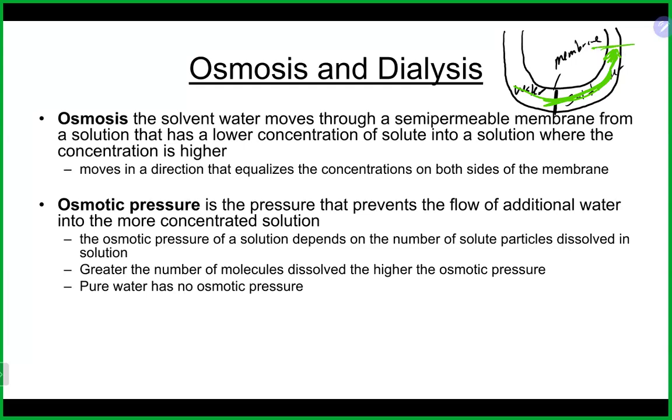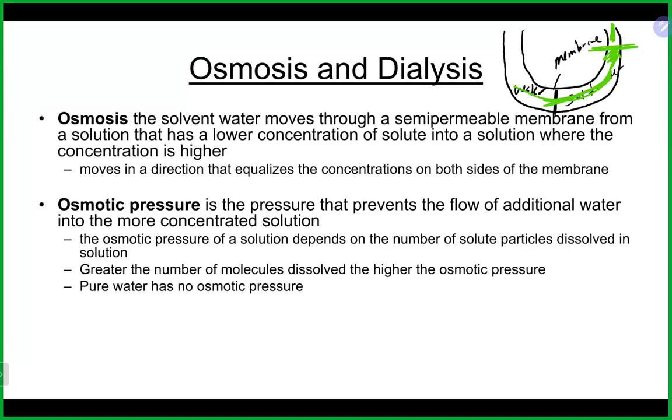It will continue to flow until it hits a pressure that is equal to the atmospheric pressure, and that's what's known as the osmotic pressure. It will stop the flow of water molecules from the left-hand side to the right-hand side, because now you have pressure pushing back on it.